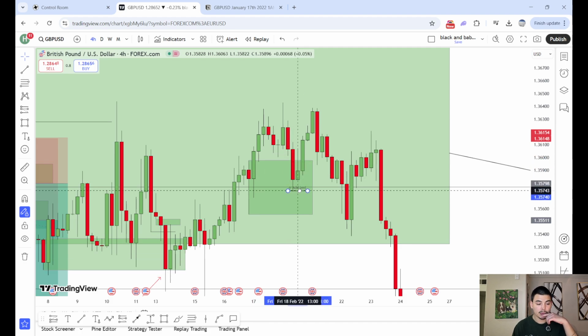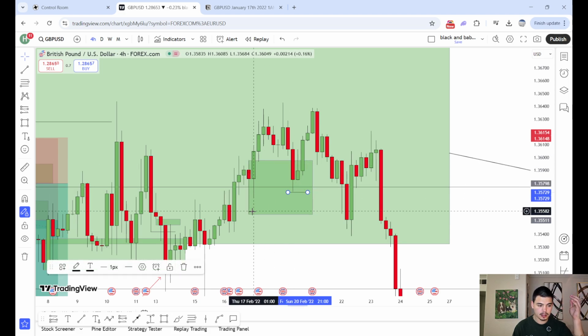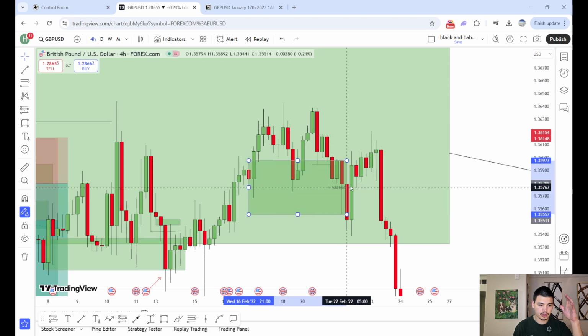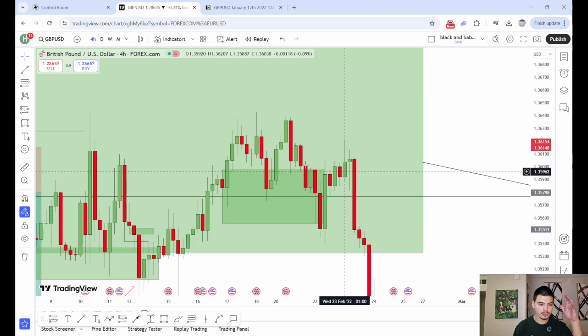because yes, that could be a market structure shift, bearish, but it closed within this bullish PDA, and we want to see it disrespect them, okay? So my intuition would not allow me to take that trade. I would want to see better. And you can see right here, there's this three candle wick swing low right here. Price closes below it.